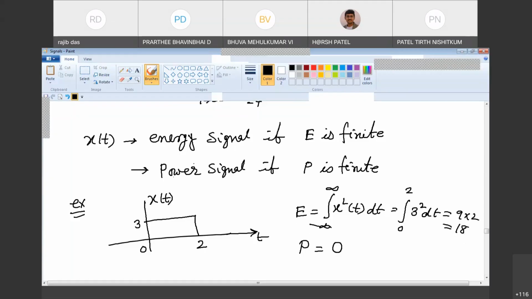So one thing, it will be called a power signal if P is finite, and other than that it should be non-zero. Okay. And energy is always non-zero. Can any signal have zero energy?